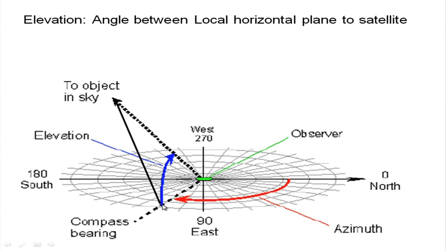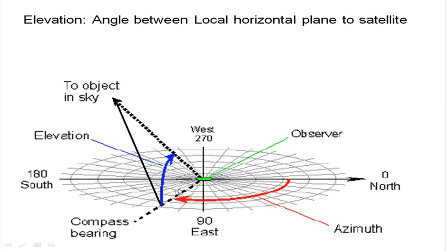It is not the subsatellite point. The subsatellite point is different, that is on the Earth's surface. This point is on the horizontal plane, where it will cut. If you draw a line from the observer to this point, then the angle from the north towards the east is azimuth, and the angle from the horizontal plane to the line joining the observer to the satellite is elevation.